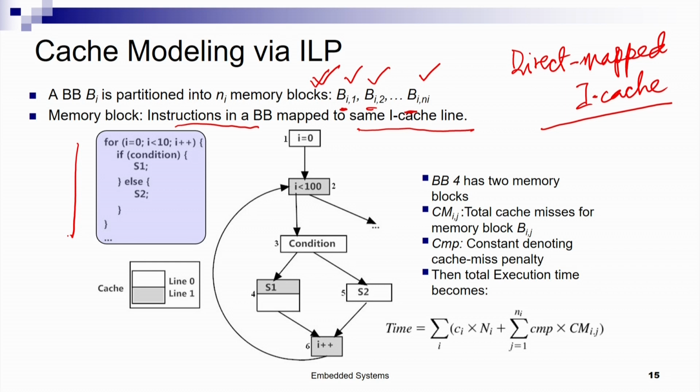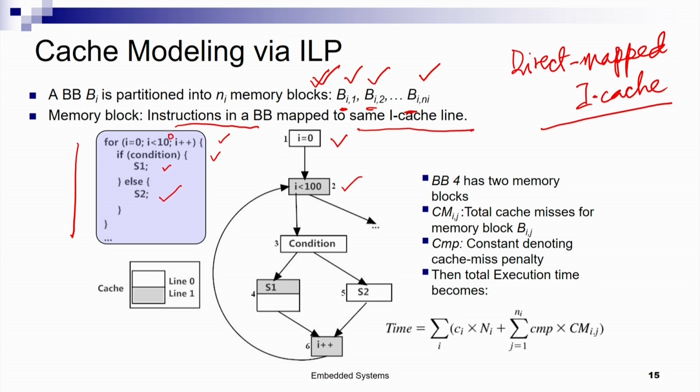Let us consider this simple program here. For i equals 0, i less than 10, i plus plus, if a condition holds, then a set of statements S1 is executed, else another set of statements S2 is executed. For that, our basic blocks are something like this: i equals 0, then i less than 100, let us say this is 100.